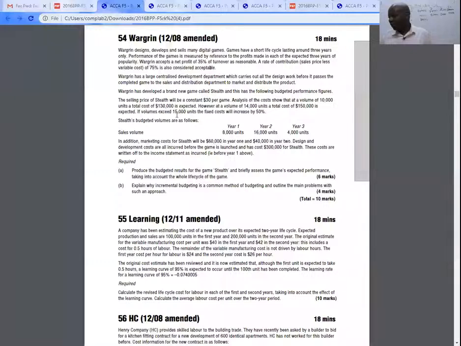If volumes exceed 15,000 units, the fixed cost will have to increase by 50%. And you can see it's only year 2 whose volume is more than 15,000. So year 2's fixed cost will be 80,000 times 1.5. That is how Teresa was able to get 120,000.